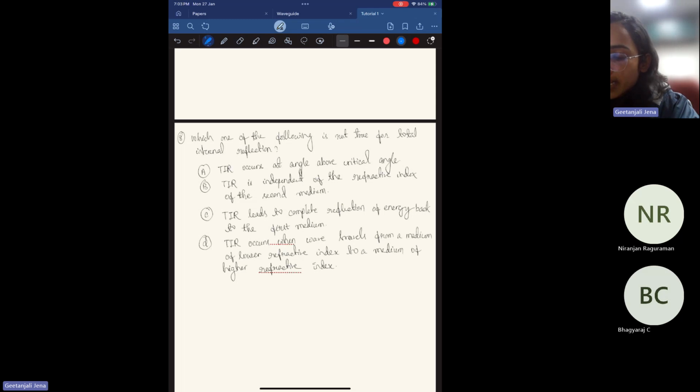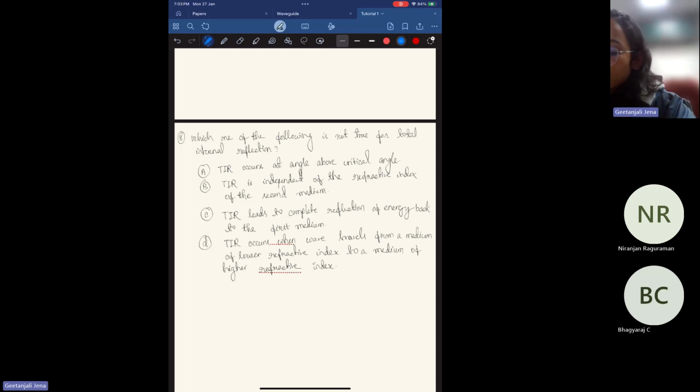The first is TIR occurs at angle above critical angle, which is correct. And the second option is TIR is independent of the refractive index of the second medium, which is not true.